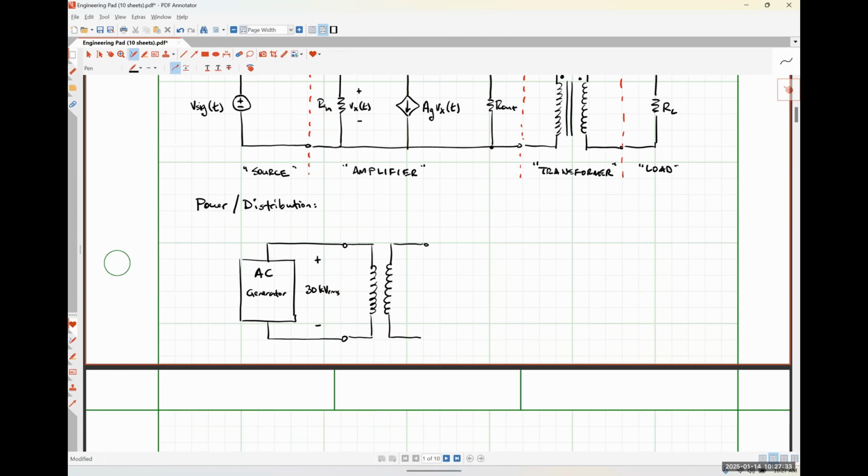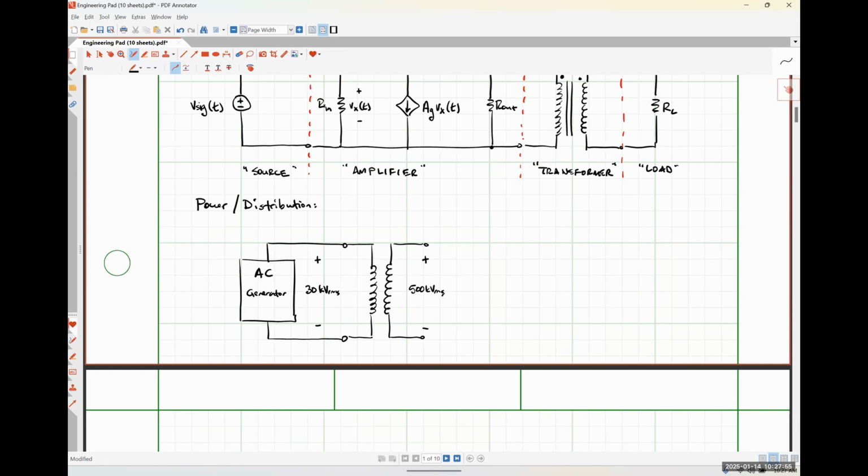So on the secondary side of this power transformer, our voltage might be stepped up to somewhere approaching 500 kilovolts RMS.